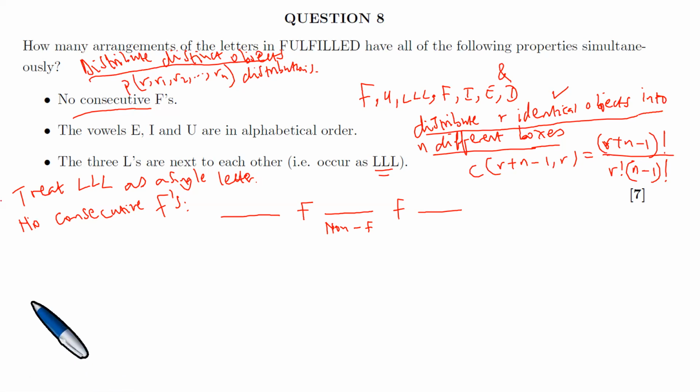Right, so then you distribute the objects. How many objects are there altogether? If you take the F's and you fix them, how many objects are you left with? This one is like one, so it's 1, 2, 3, 4. How many objects are not F? So you'd have 1, 2, 3, 4, 5.